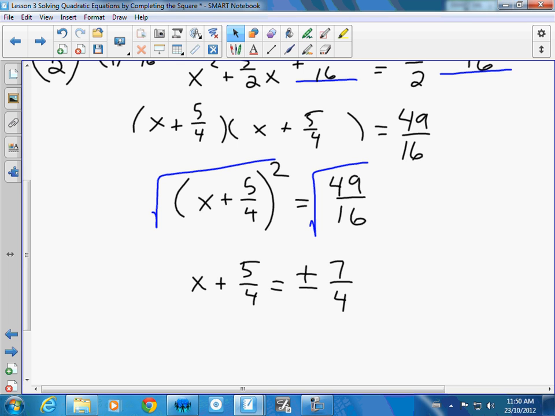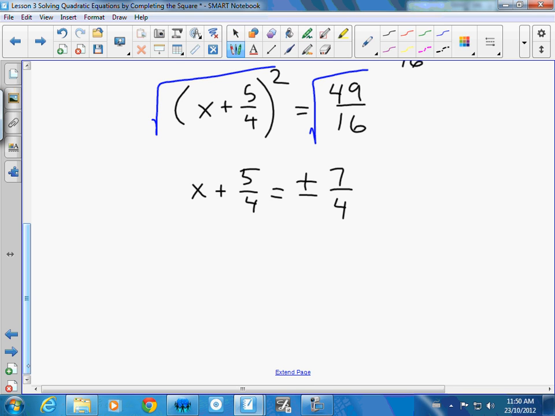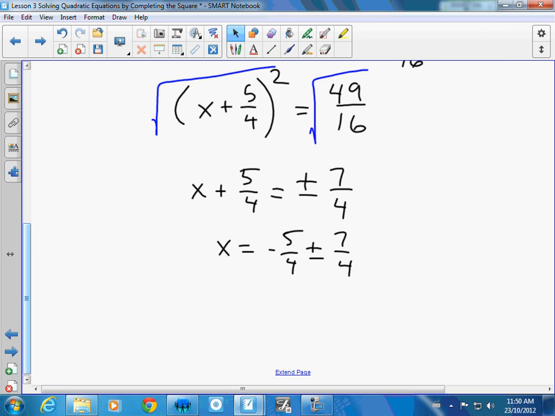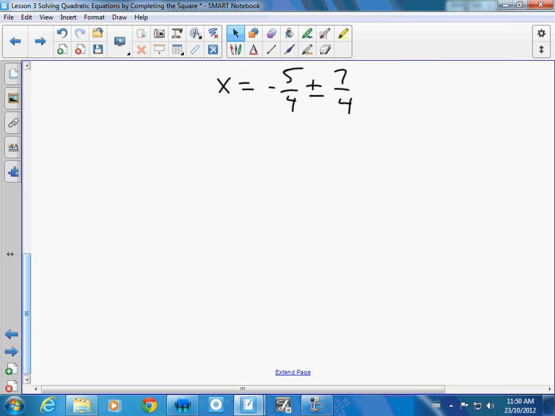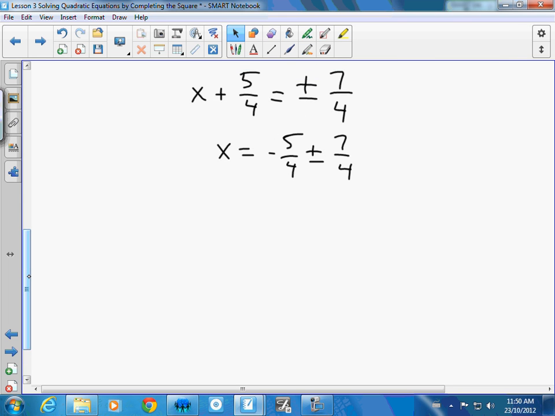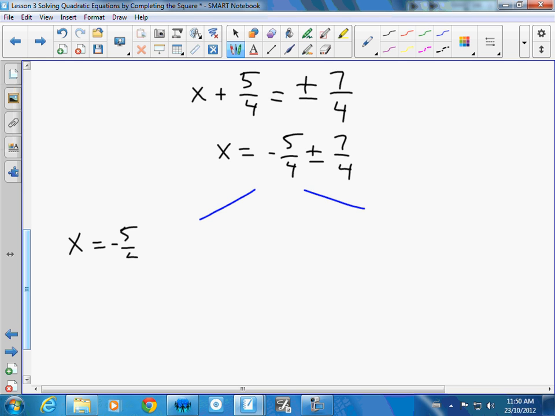Okay, so let's do the next thing. So now what we're going to do, let's move the 5 over 4. So x equals, guys, negative 5 over 4 plus or minus 7 over 4. Now, I'm going to do my lines here. I do my lines just to keep myself organized, right? X equals negative 5 over 4 plus 7 over 4, and x equals negative 5 over 4 minus 7 over 4.